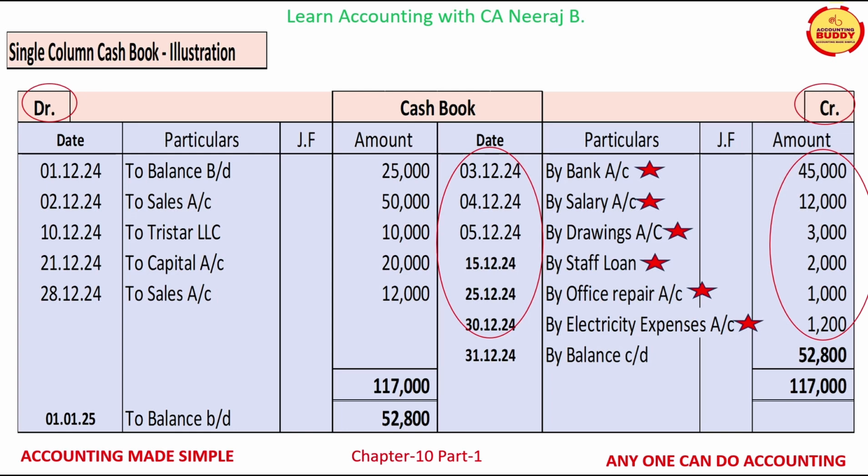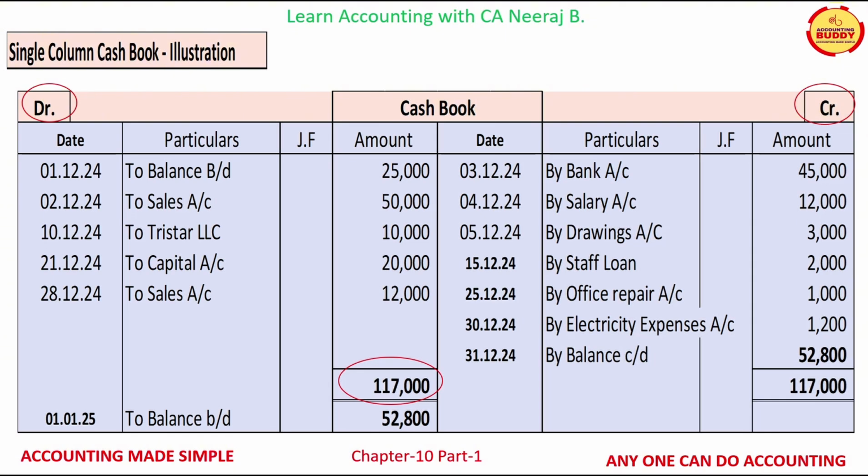Cash being an asset and the fact that the business cannot pay more than the available cash, for doing the cash account balancing, let us do the total of the left hand debit side of the cash account, which in our illustration comes to $117,000.